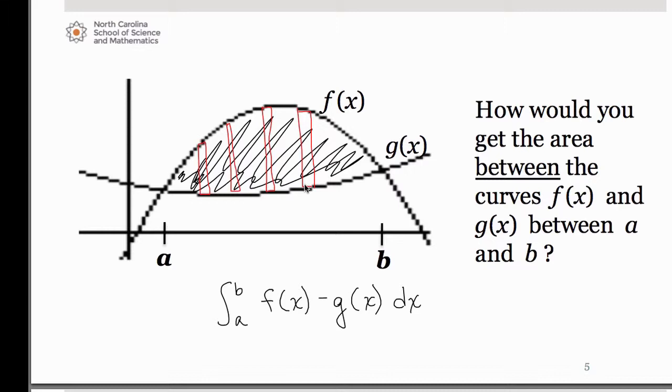The height of each individual rectangle is given by f of x minus g of x. The width is your delta x, just like you had learned with Riemann sums. So each width of the rectangle is delta x. The height is f of x minus g of x.